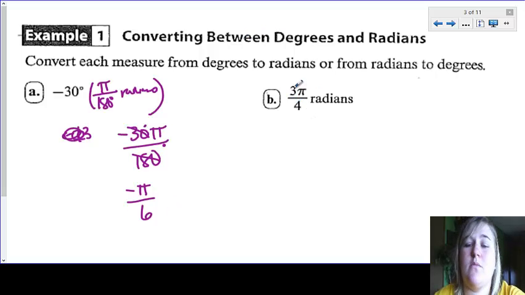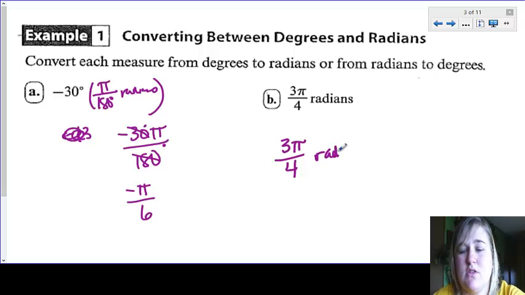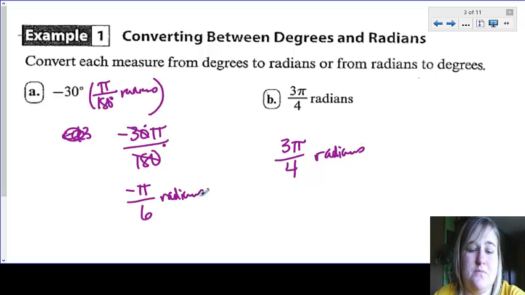On the other one, I'm converting from radians to degrees, so I'm going to use that same formula, but I'm going to flip it instead. So I have 3 pi over 4, and it's radians, I guess I should label. And this one should have been labeled radians.